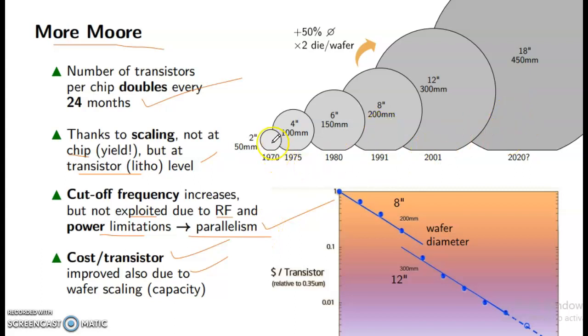Here in 1970, that is here plus 50 percent die multiplied by 2, die per wafer divided by wafer. So 50 millimeter in 1970, 2 inch.